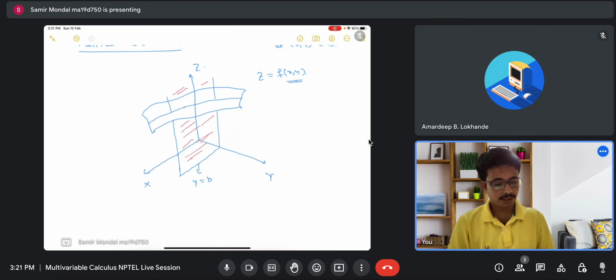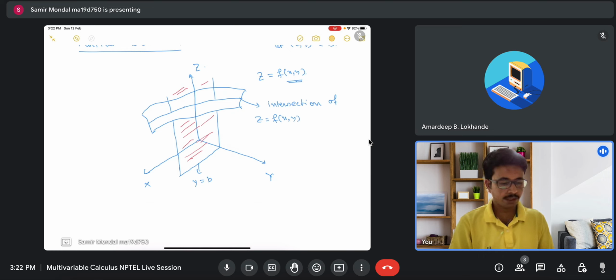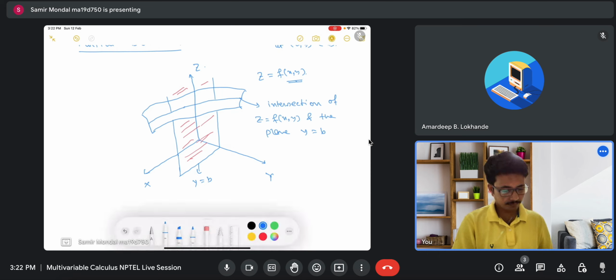This is nothing but the intersection of the surface z equal to f of x y and the plane y equal to b.